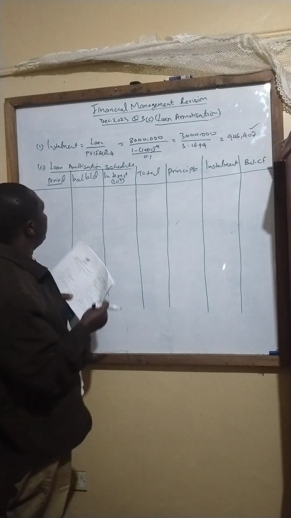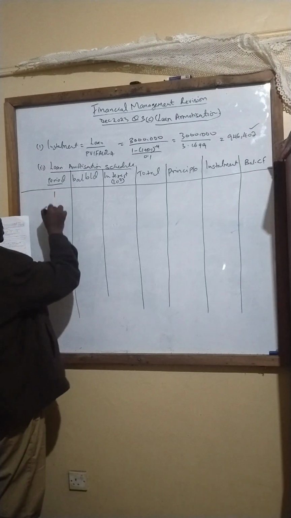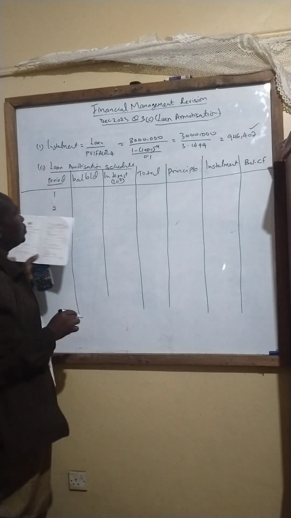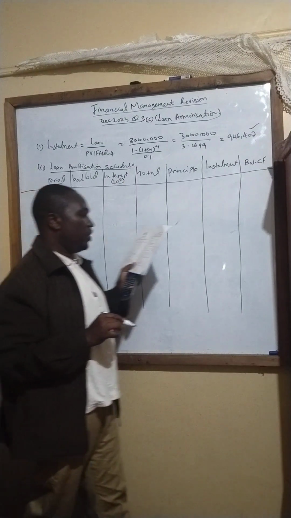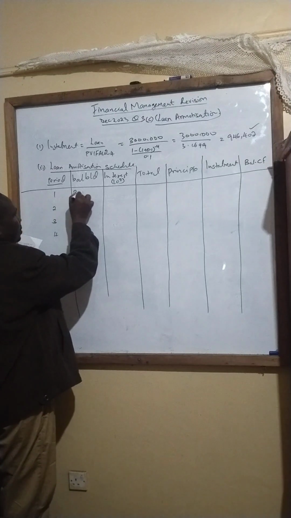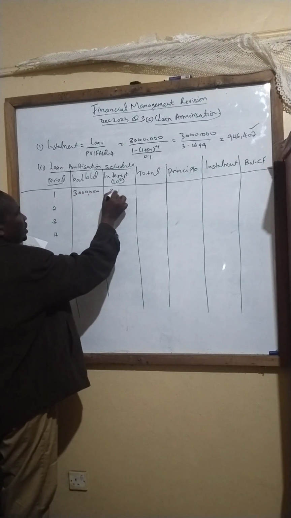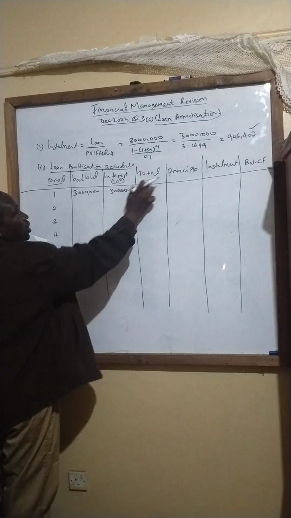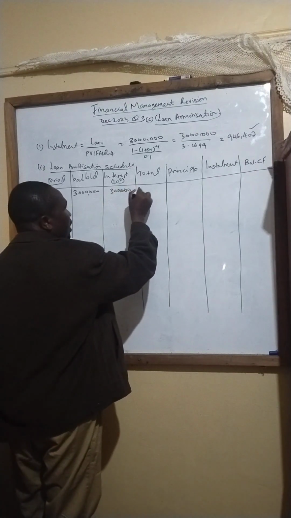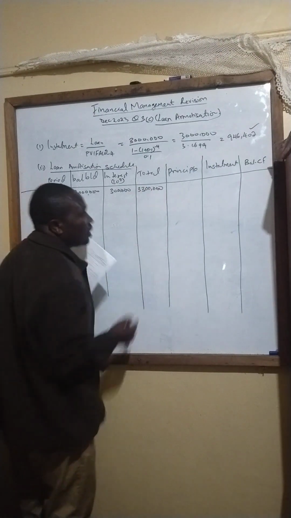Now, we begin. They are paid in 4 installments. So 1, 2, 3, and 4. So at the beginning, in the first year, we are given a loan of 3 million. 10% of this is 300,000. Total here is the amount of loan plus the interest. You are supposed to pay 3,300,000. Okay?